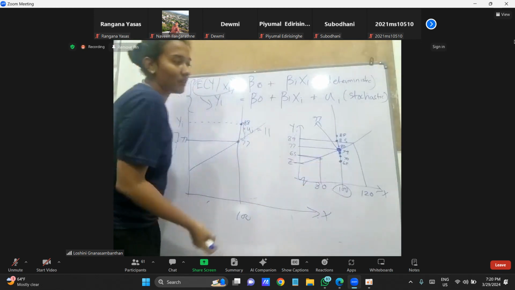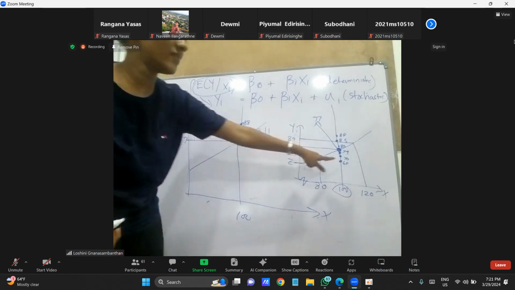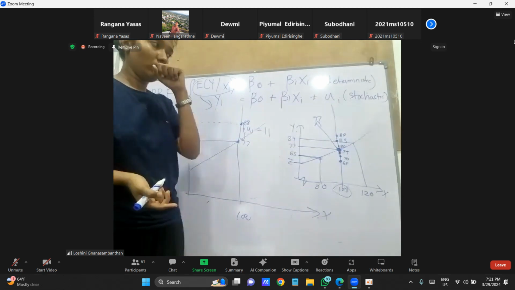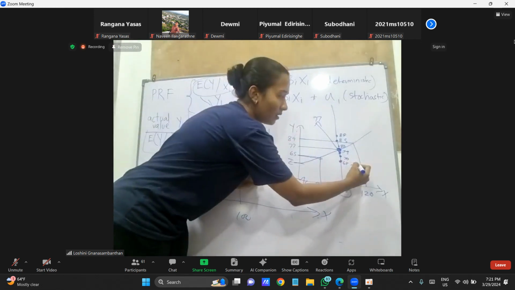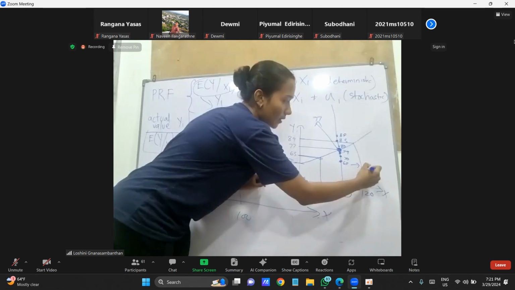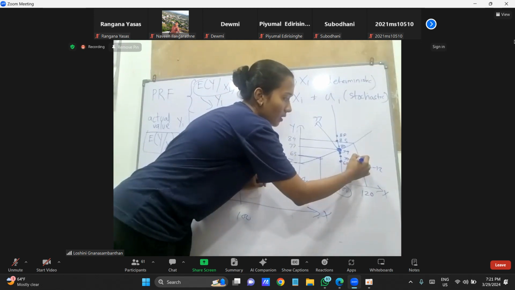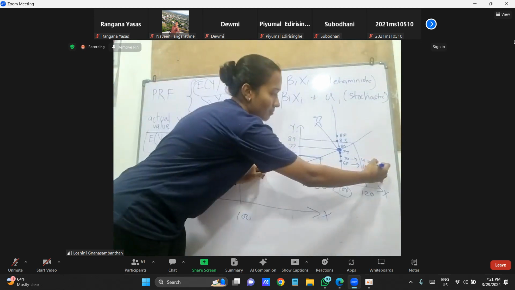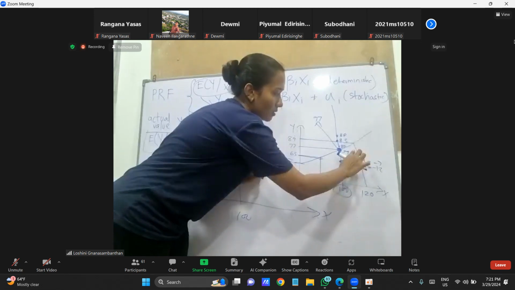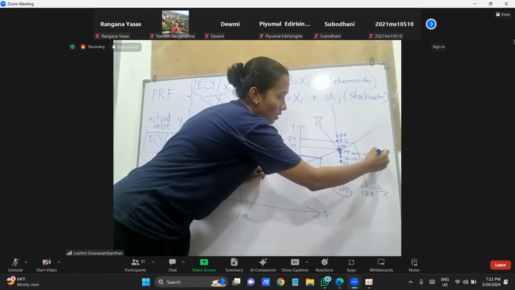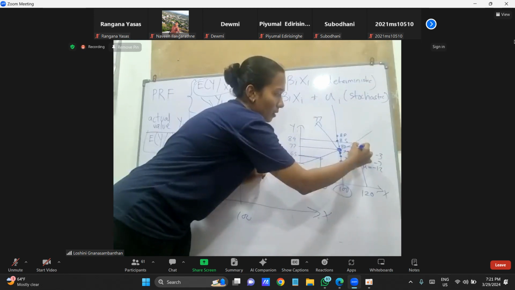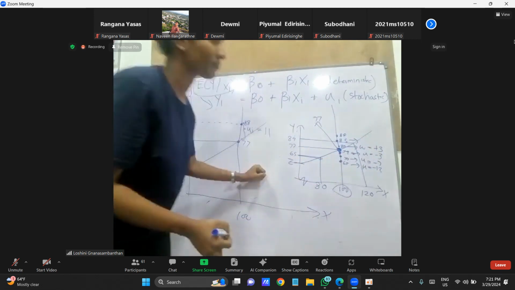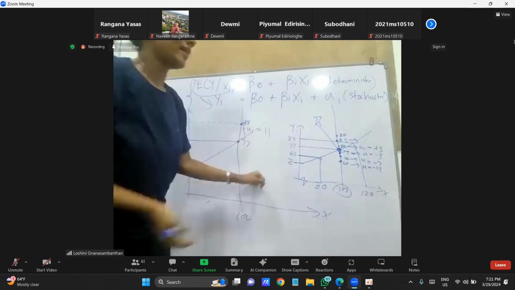Sometimes it will take 65. The other term is minus 12. Here the error term is minus, here the error term is minus, here the error term is plus, like that.